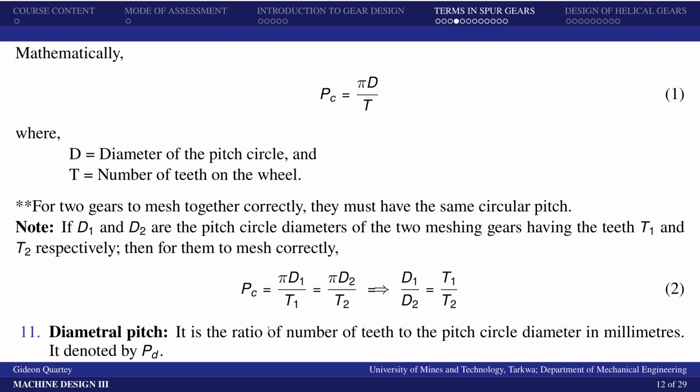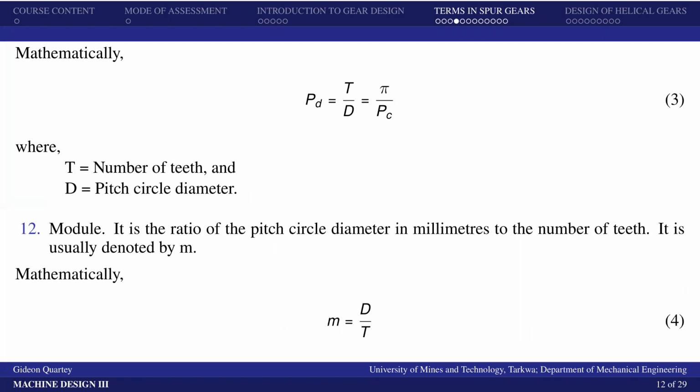Okay. Then we also have the diameter pitch. It is the ratio of the number of teeth to the pitch circle diameter in millimeters, and it is denoted by PD. So mathematically, we can say that the diameter pitch is equal to T, the number of teeth on the gear, divided by the pitch circle diameter of the gear, and that should be equal to pi on PC.